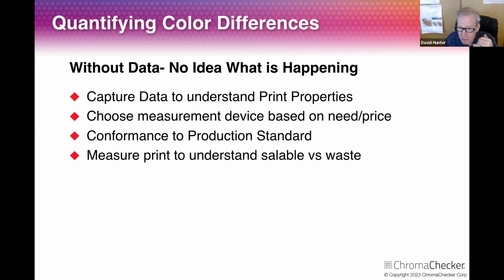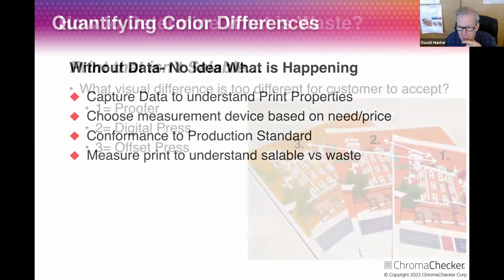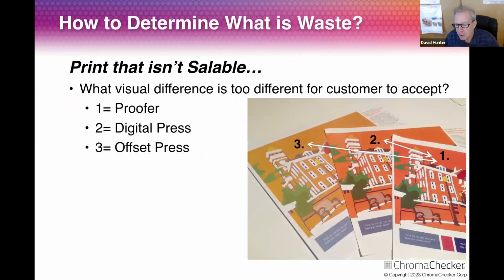So it's all about understanding sellable versus waste. And here's an actual example from a project I did with Clemson University. This was a Clemson advertisement to get students to want to come to Clemson.